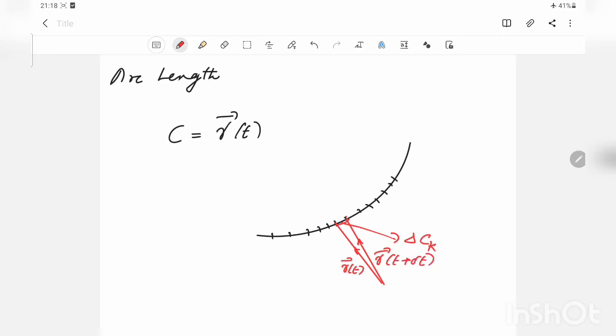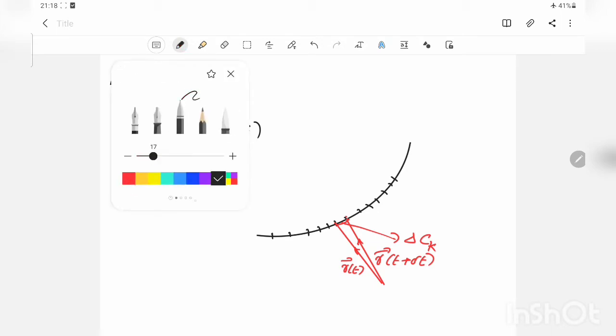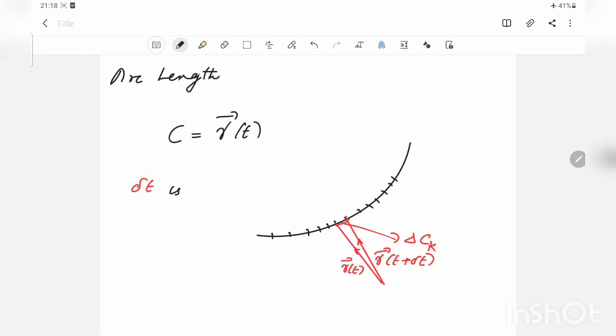If the partitions are very small, then delta t is very small, and delta C is approximated by a line segment joining gamma of t and gamma of t plus delta t.